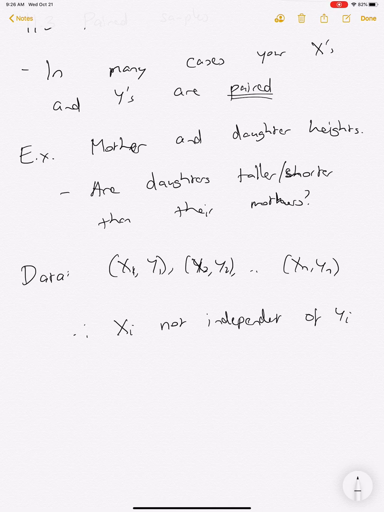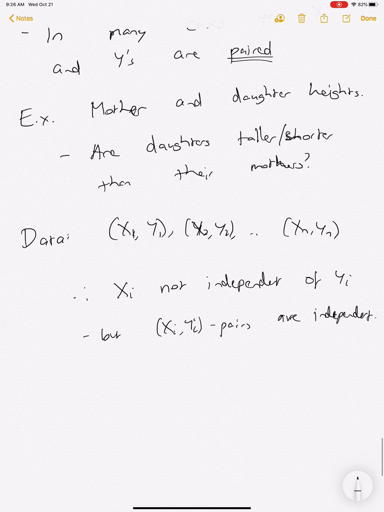Xi is not independent of yi, but the (xi, yi) pairs are independent. Okay, and so you can imagine that each mother-daughter pair is independent, but the mother and daughter together are certainly not independent.